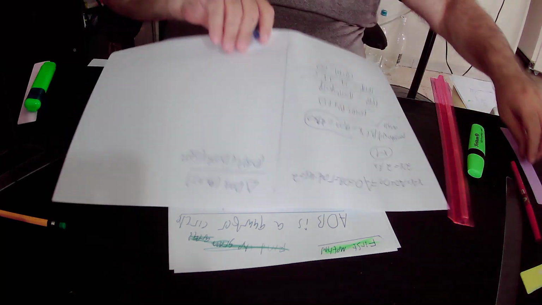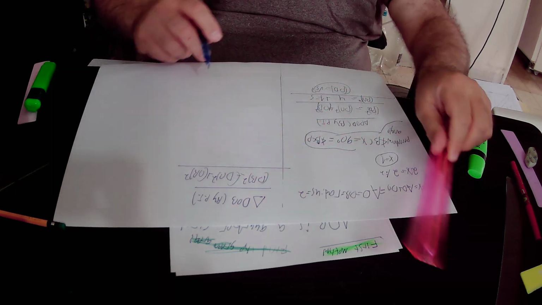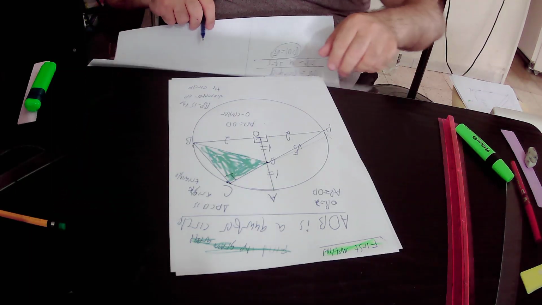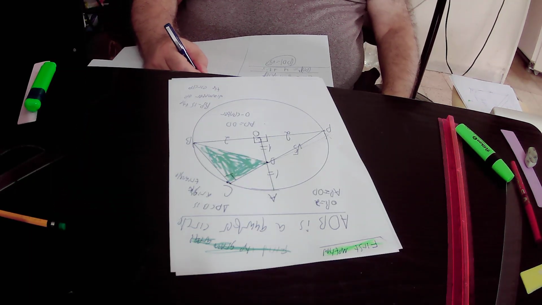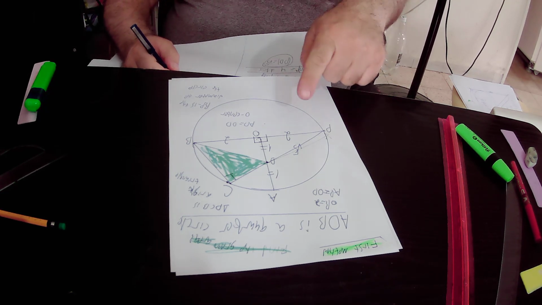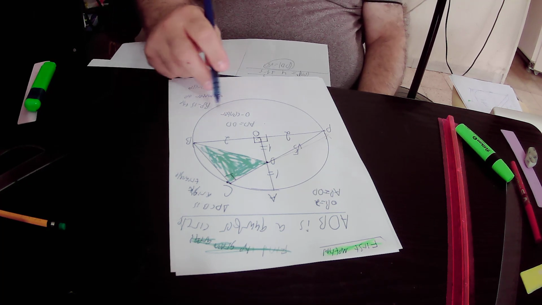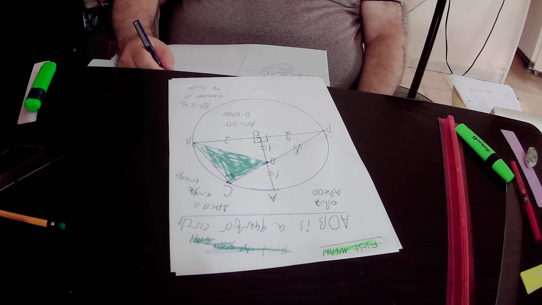Repeat again, in the right triangle DOB, according to the Pythagoras theorem, DB square equals DO square plus OB square. So DB square equals DO square, that is 1 square is 1, plus OB square. OB is 2, so OB square is 2 squared, that is 4.